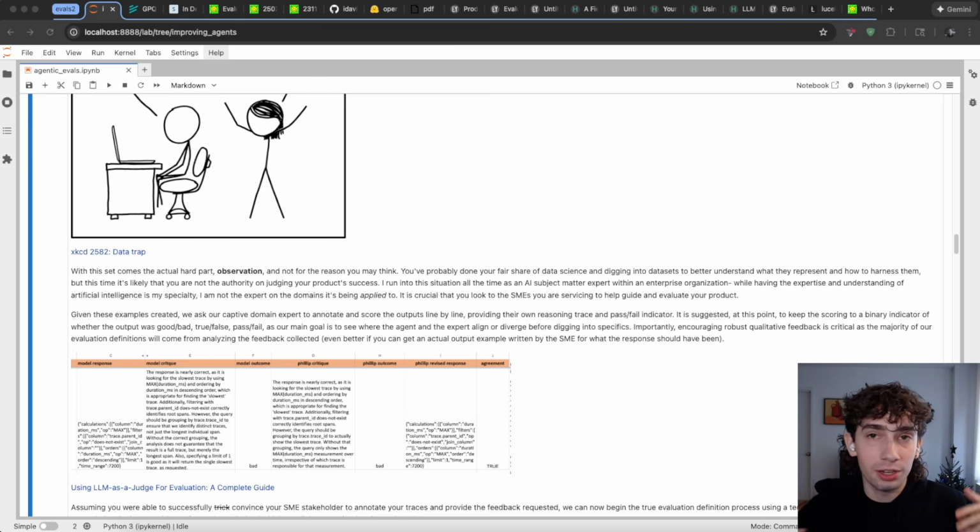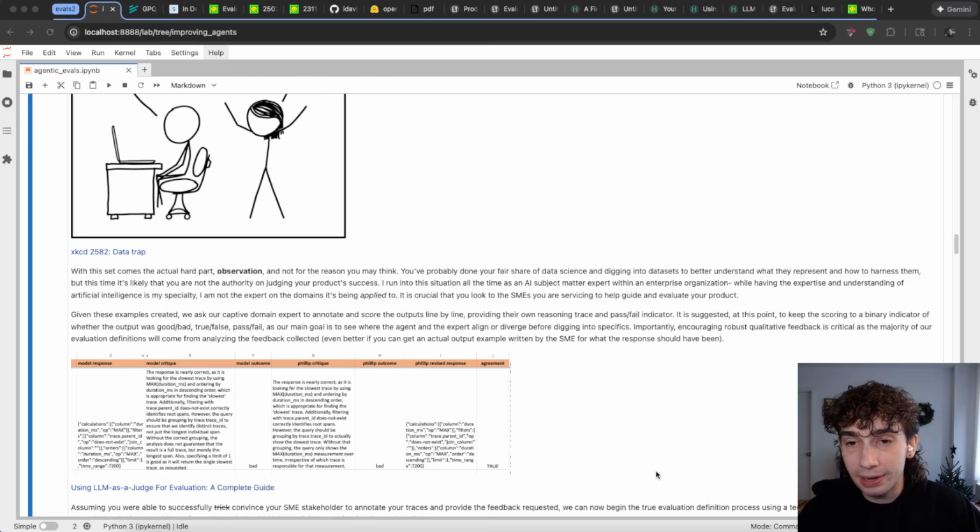With our diverse set of input-output queries and responses, what we need to do then is observe and do some sort of human judgment on this set. But this is also where a little bit of friction comes in. So for the more technical among us who might be building and creating these systems, we tend to have a lot of the technical expertise.